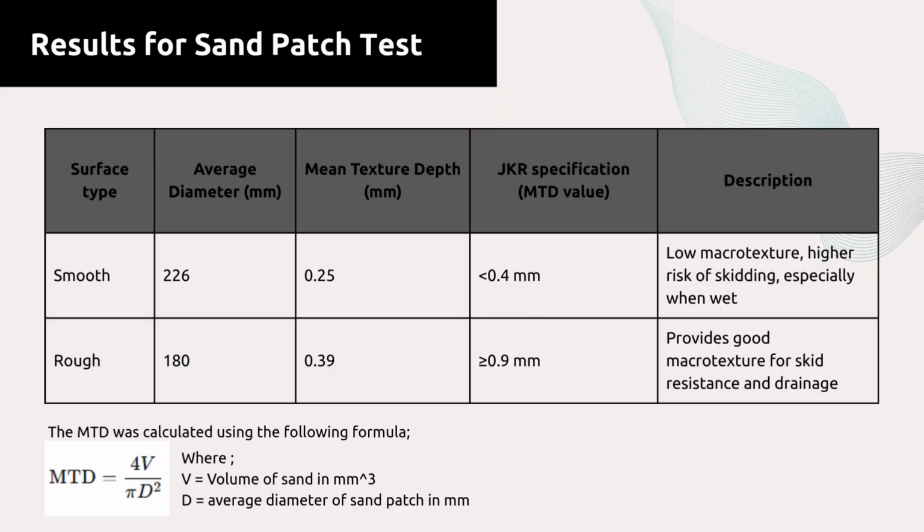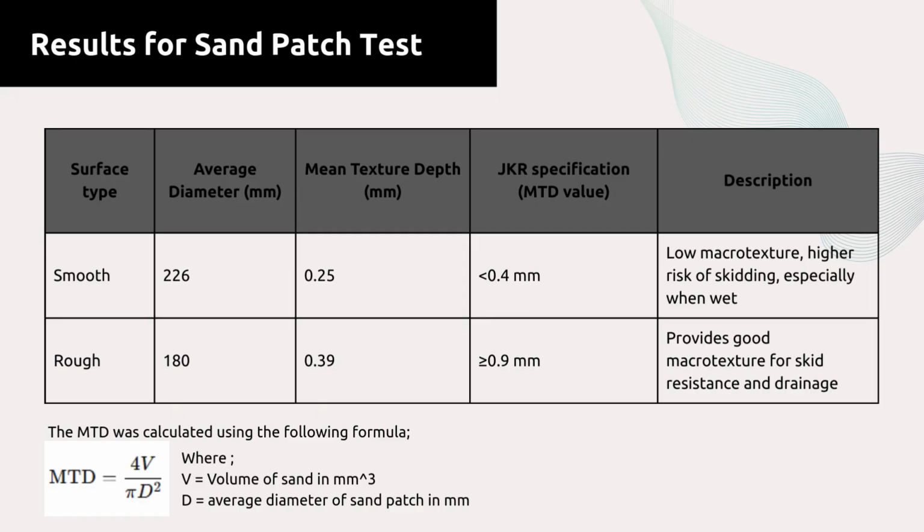The sand patch test is carried out to compare the surface texture of smooth and rough surfaces. From the result, we can see that the average diameter of the smooth surface was 226 mm and the MTD was 0.25 mm, which shows that the smooth surface has low macro texture that may increase the risk of skidding. For the rough surface, the average was 180 mm, resulting in a higher MTD of 0.39 mm.